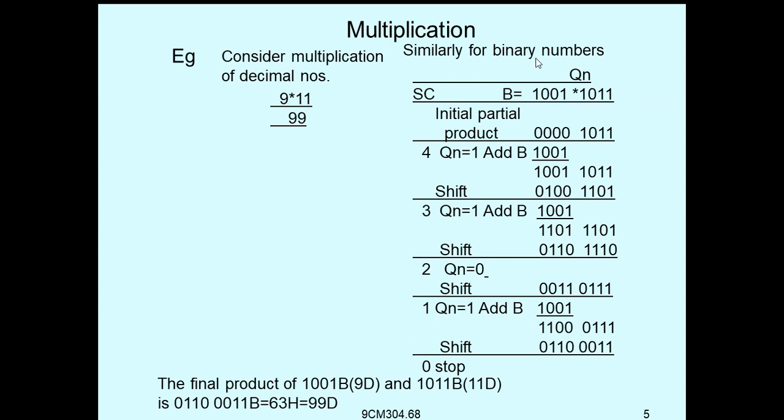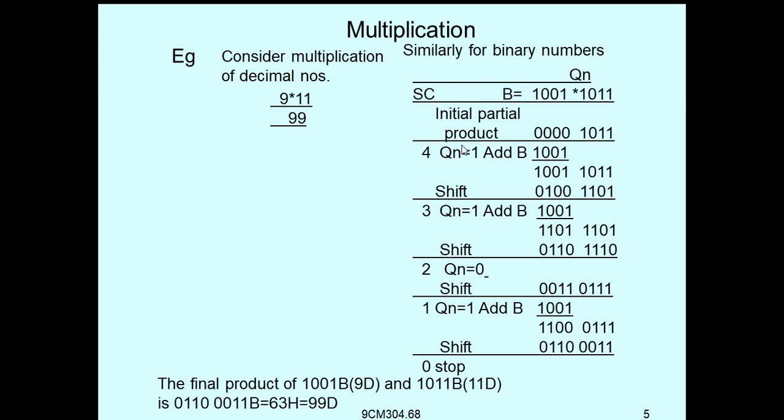Our operation is like this. The binary representation of 9 is 1001, and 11 can be represented as 1011.